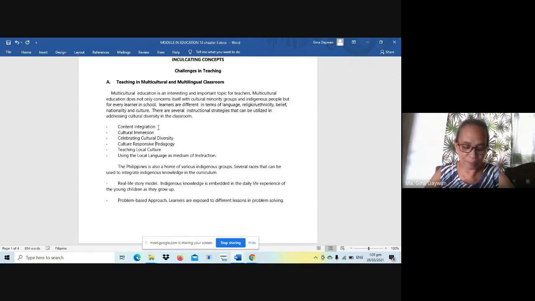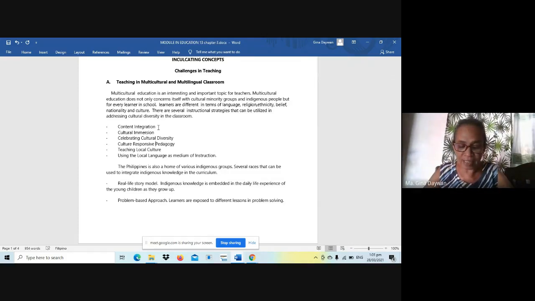So these are the six examples of things that can promote multicultural education, the several instructional strategies that can be utilized in addressing cultural diversity in the classroom.